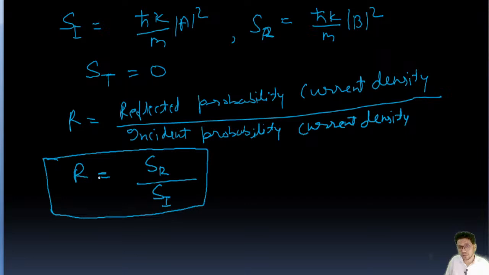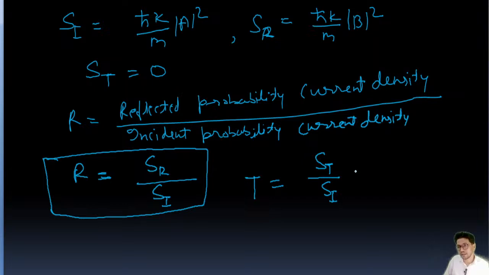The formula for reflection coefficient in terms of probability current density. Similarly, T is going to be S_T upon S_I, that is transmitted probability current density upon incident probability current density, and S_T we have seen is 0 for this wave function, because that's a real function.